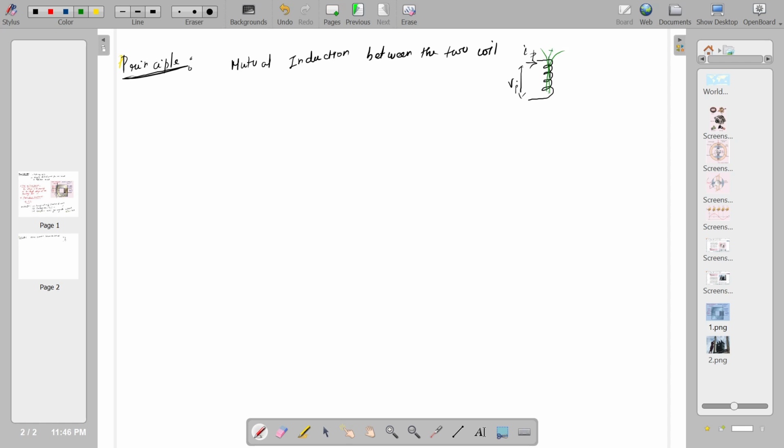The flux according to the right hand thumb rule will be a closed circle, and we know the properties of the magnetic lines. It is curling, but it's a closed circle. Suppose you keep the secondary coil near the primary.